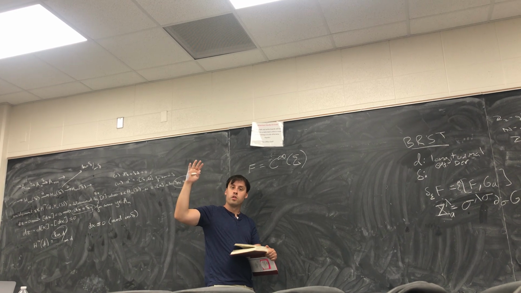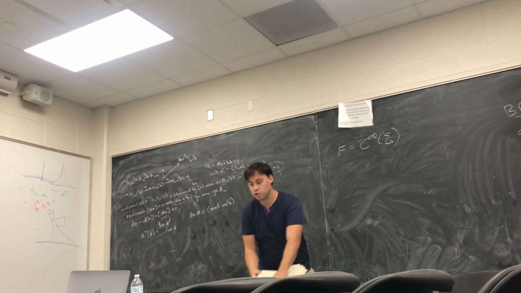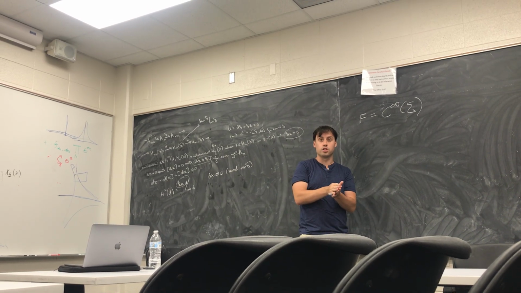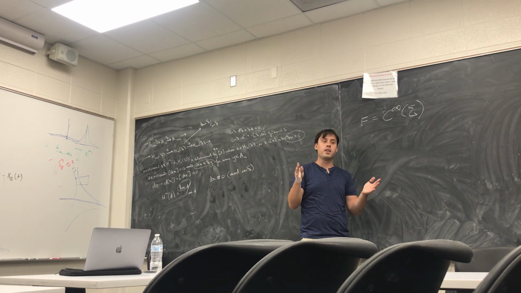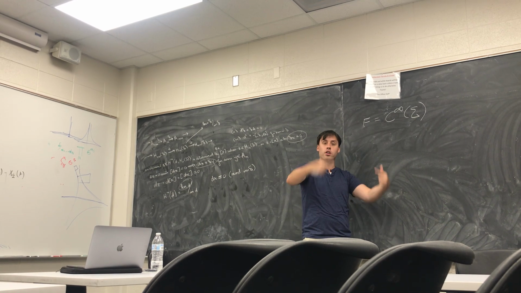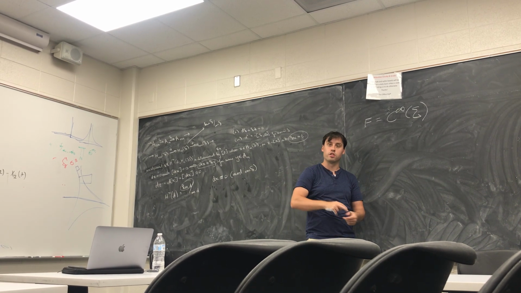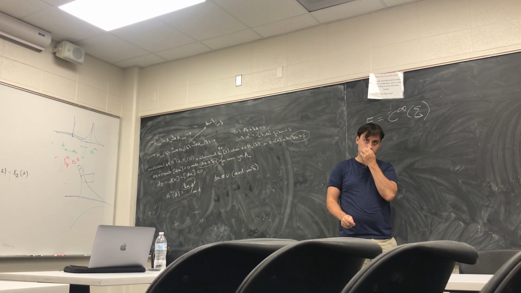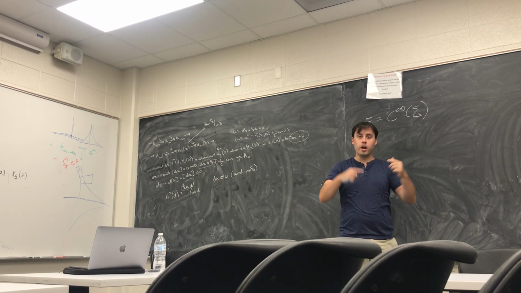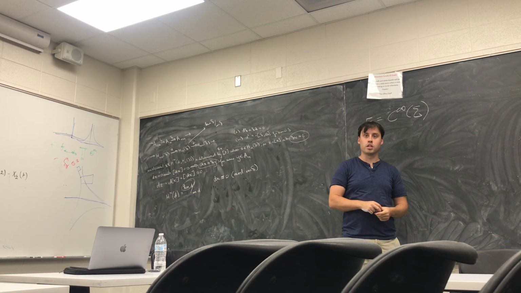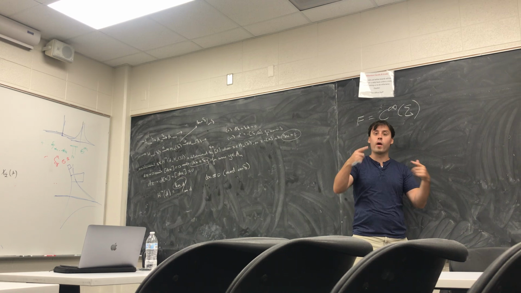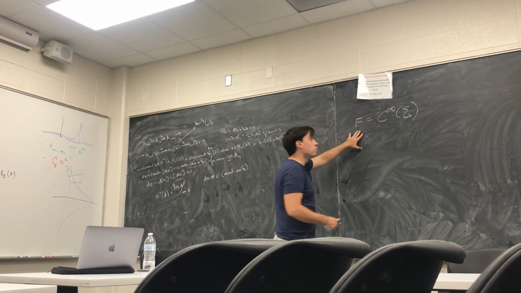One is you mod out your functions over the entire phase space by functions that vanish on the constraint surface. The other is that you mod out along the gauge orbits on the constraint surface.